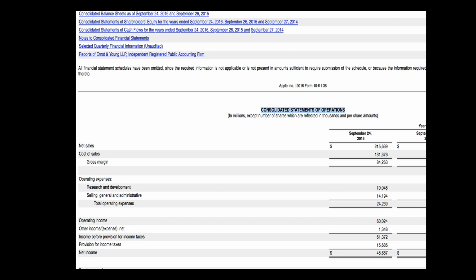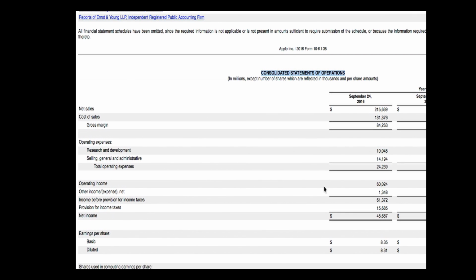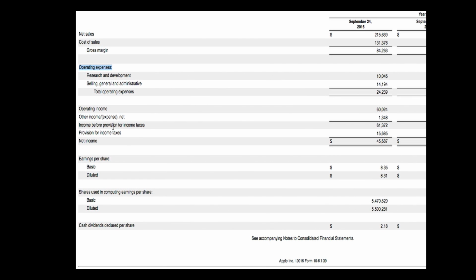On that statement, we can see net sales, cost of goods sold, and gross margin. We can see operating expenses, as far as research and development for them, general and administrative costs for them, and we come up with total operating expenses. So we have operating income underneath the operating expenses.